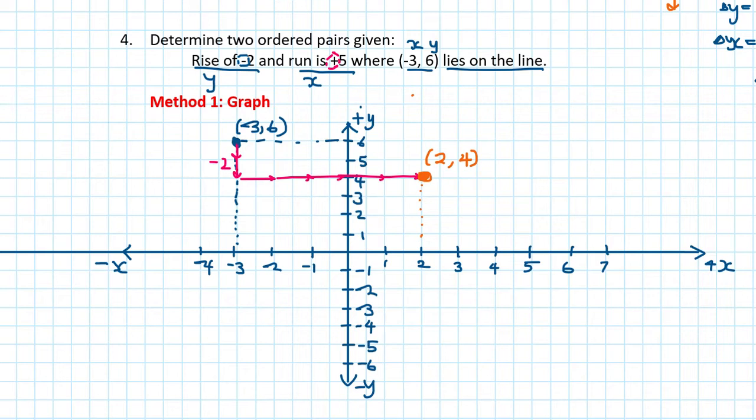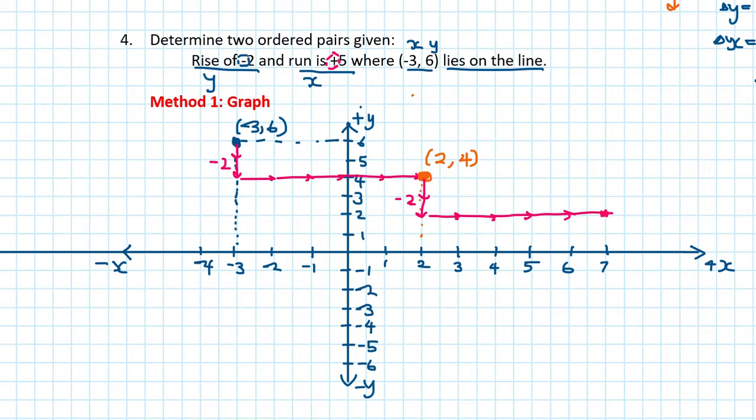If we do that again, we go 2 steps down, 1, 2, and then we move positive 5 to the right: 1, 2, 3, 4, 5.